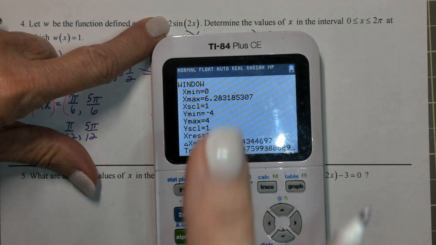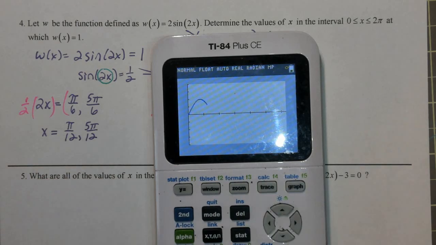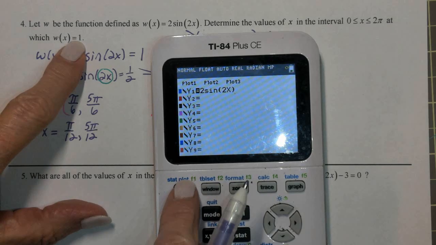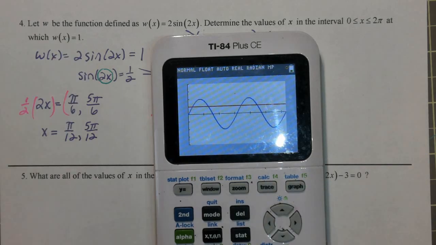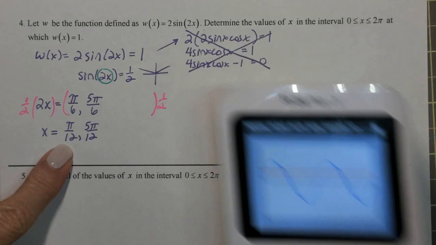Let's see how many answers we need to get. We needed it to be equal to 1, so I need to set y2 equal to 1. How many times does it equal 1? 4. There are 4 answers. We only got 2 of the answers.